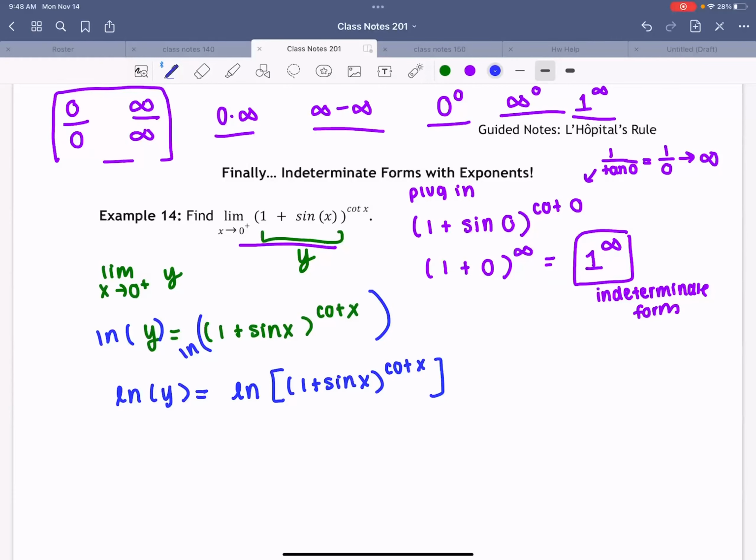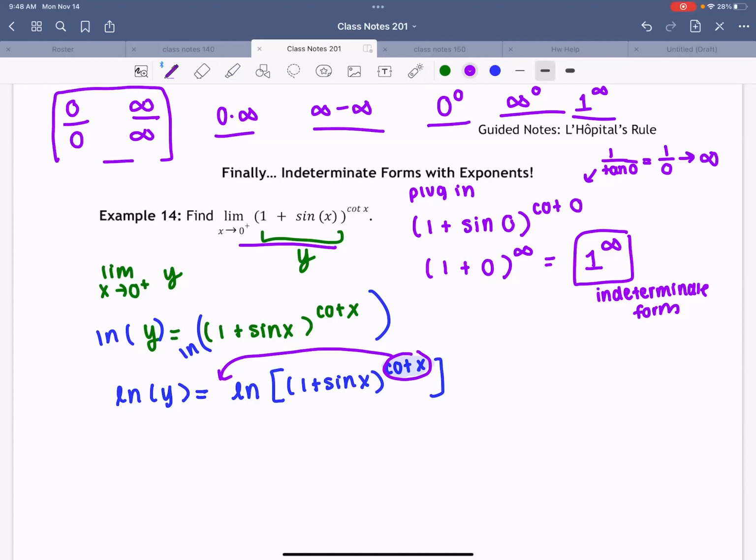Oh, wait, can you multiply cotangent times ln of all that? Good. I know it looks funky, and maybe if we had simpler numbers, it would jump at you. Whenever we have a natural log and an exponent, we can take the exponent and move it in front of the natural log. So we're actually going to use a property of logs here.